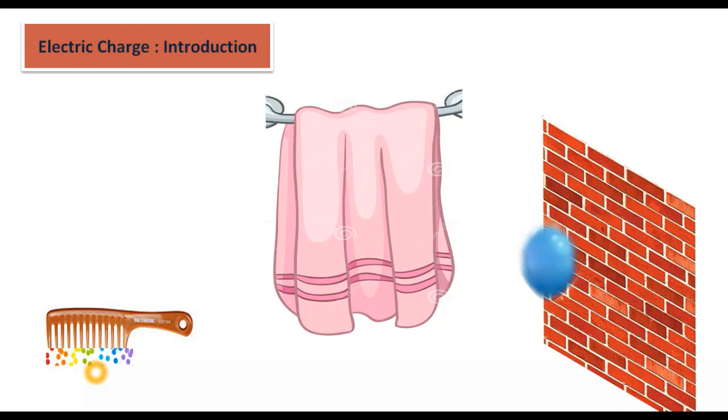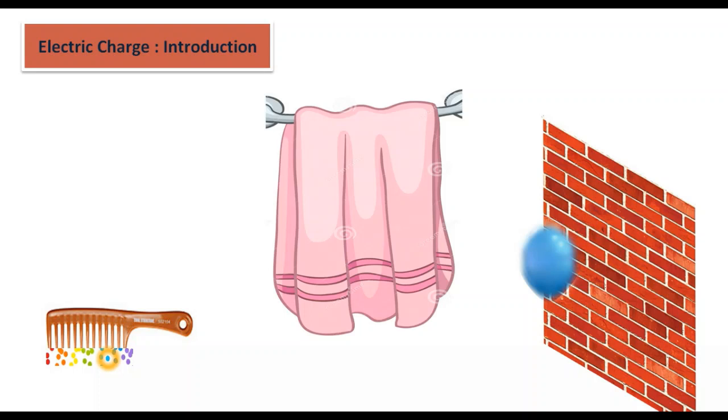Now, what happened here? In both of these cases, the balloon as well as the comb and bits of paper, there's not any kind of glue which makes them attract each other. There is nothing which can actually make the objects attract each other.